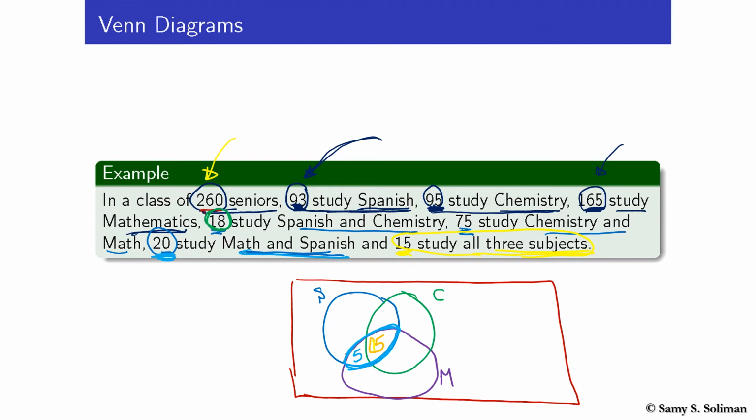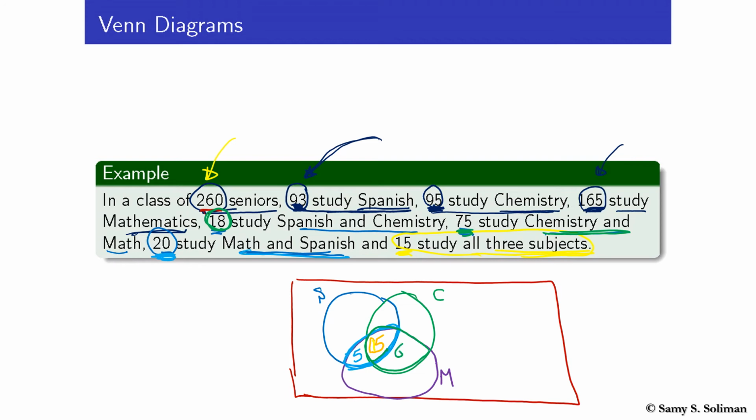Let's do one more. Considering the students studying chemistry and math, this is the intersection between chemistry and math. In total, they are 75. However, we know that 15 of them are studying the third subject as well.